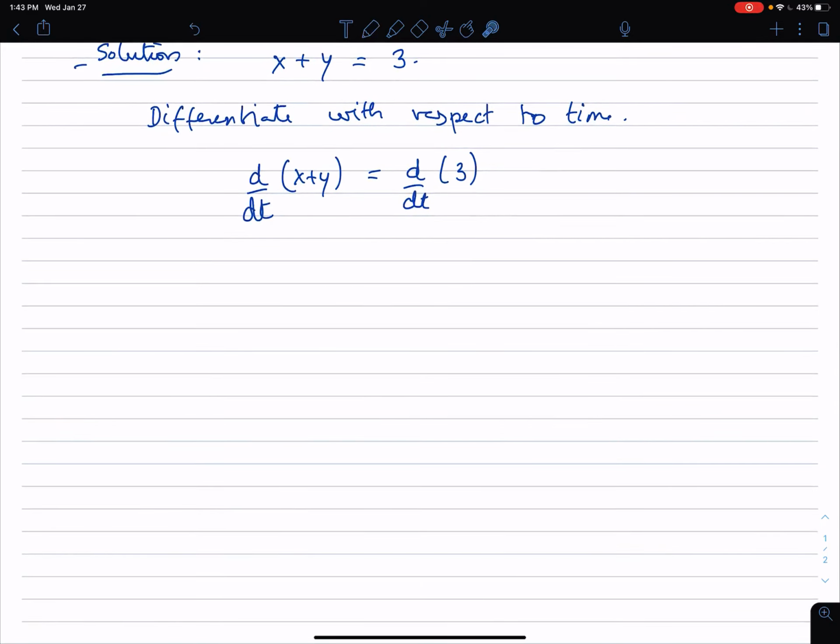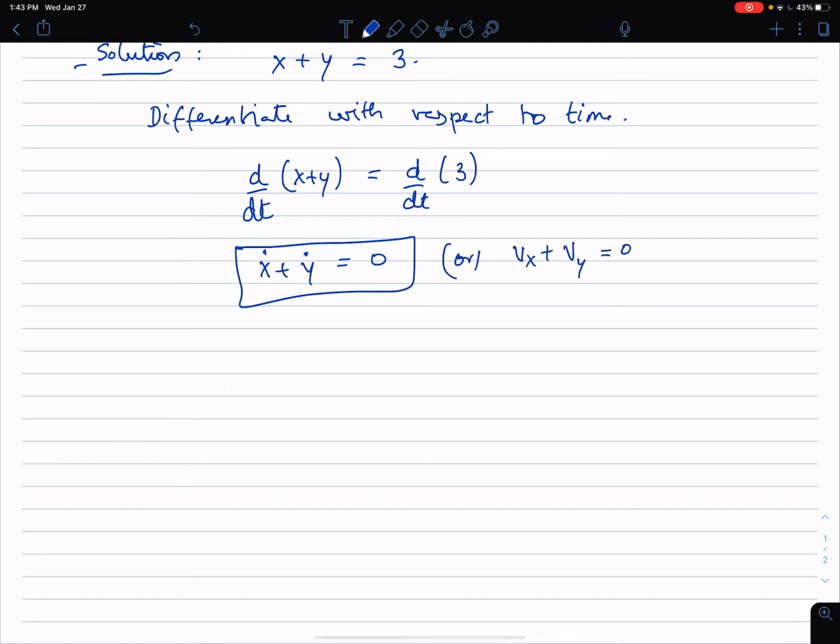Well, d by dt of x is x dot, d by dt of y is y dot, and d by dt of 3 is 0. So that's the relationship that we want, or equivalently Vx plus Vy equals 0, or basically Vx equals minus Vy.